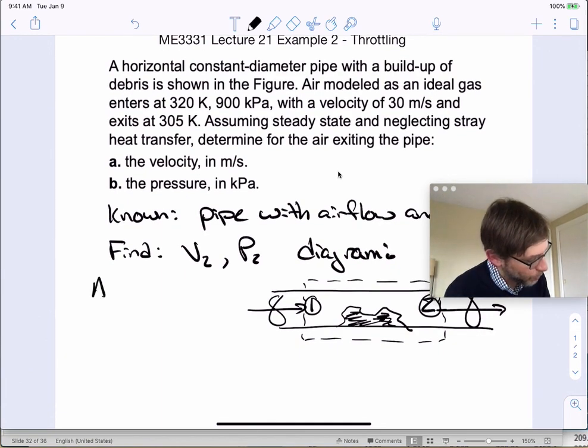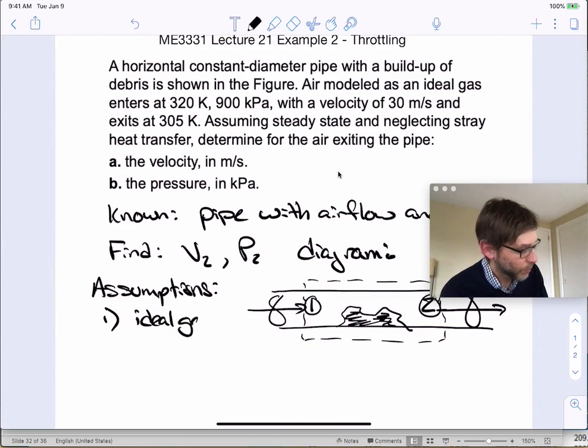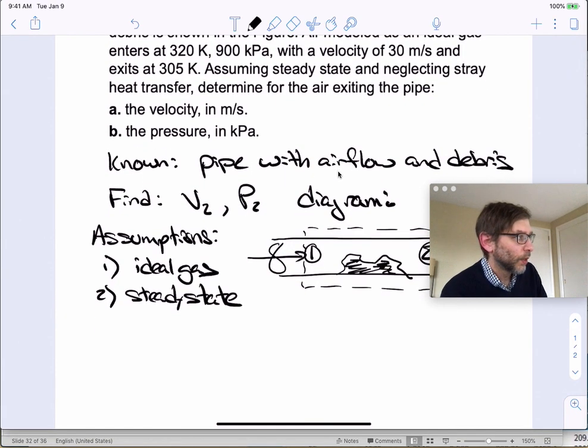We're going to make some assumptions. First, we're going to assume ideal gas. Second, we're going to assume this is steady state. Third, we're given velocity, so we're going to say no delta PE.